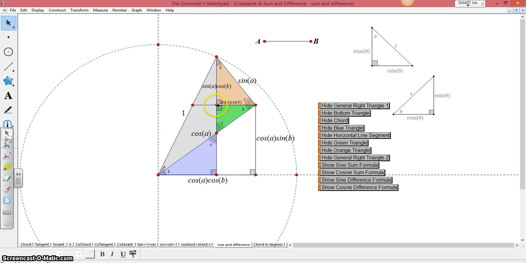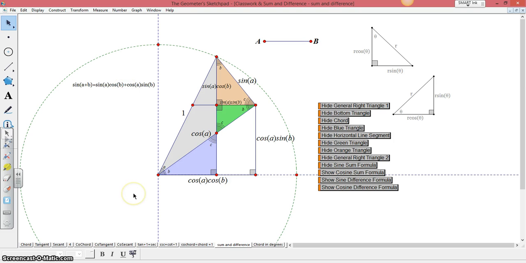This length is equal to these lengths. Therefore, we can say that cosine of alpha sine of beta, this, plus sine of alpha cosine of beta, this, equals sine of alpha plus beta, as seen here.